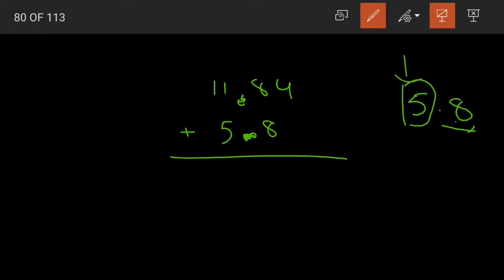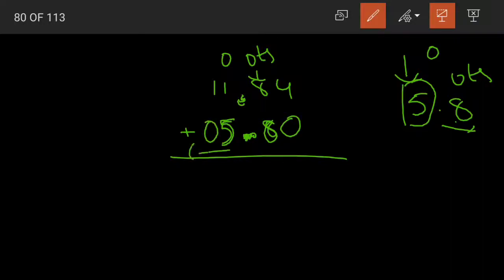Or you can consider the place values as well. 5 is in ones place, here in 11. This is our ones place. So, I am writing the 5 here. Then 8 is in 1/10 place. So, this is the 1/10 place and this is where we have to write our 8. And coming to the empty place, I can place zeros. Yes, even before my whole number and after my decimal part, I can place the zeros.